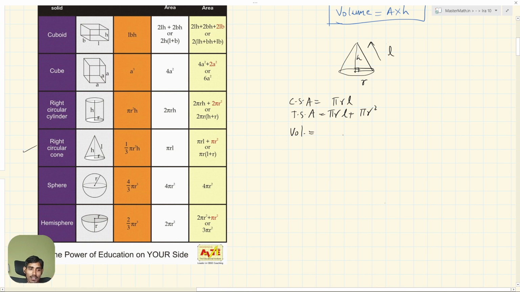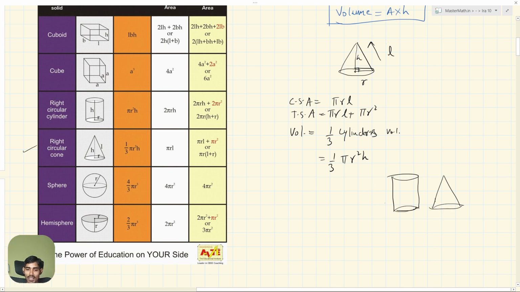Now, volume is kind of interesting. It is 1/3 of the cylinder's volume, so 1 by 3 pi r square h. What does that mean? It means if you have a cylinder and a cone of the same height h, suppose you're drinking some juice.